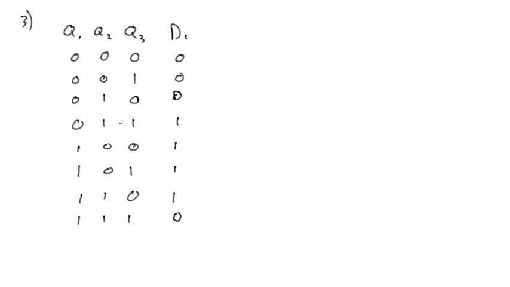So that would be Q1 being a 0, like Q1 not being a 1, and the only time I get a 1 out, when Q1 is a 0, in other words, if Q1 not is true, is if Q2 and Q3 are true.